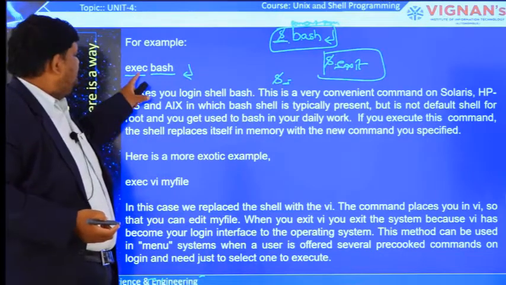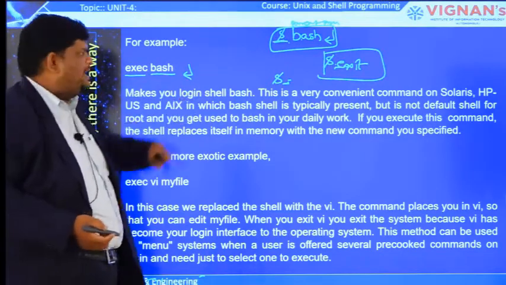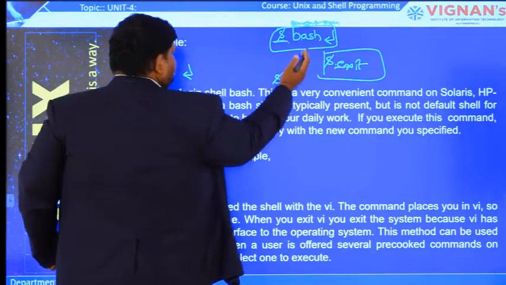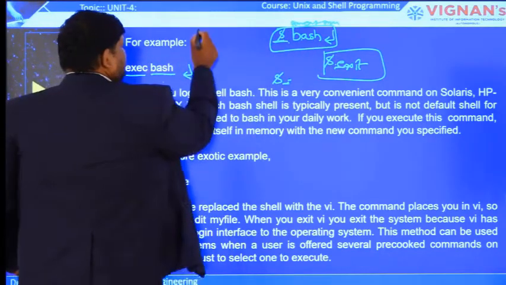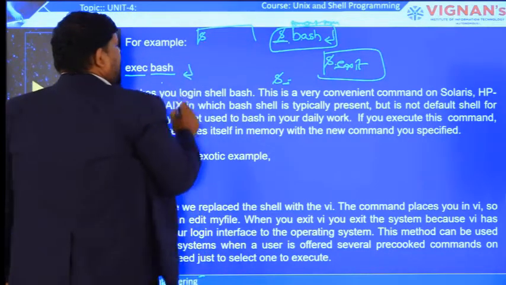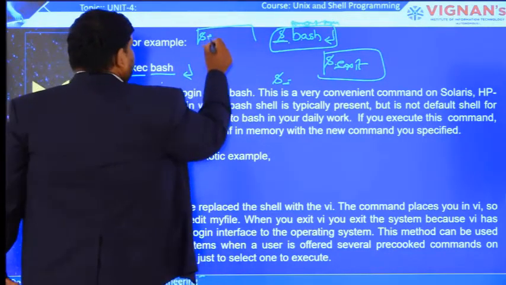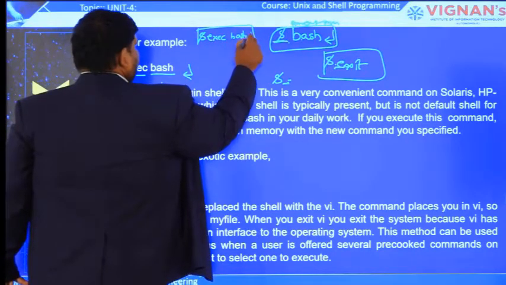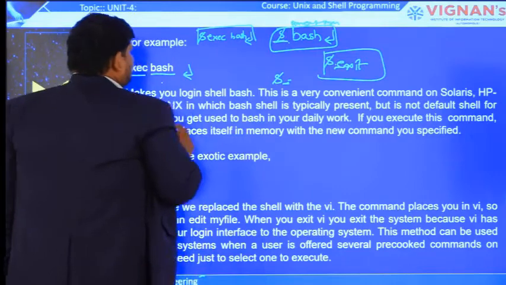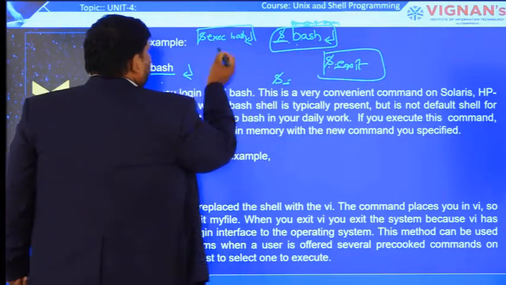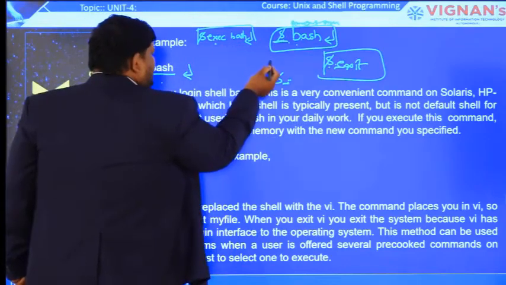Now I am showing it with exec. In the parent shell, or parent process, I am writing exec space bash, then enter. In the previous case it would create a new process, but here it will not create any new process.